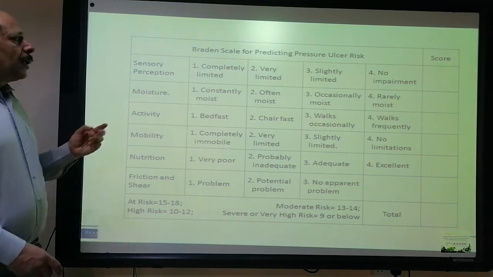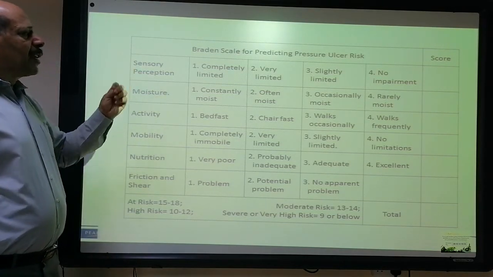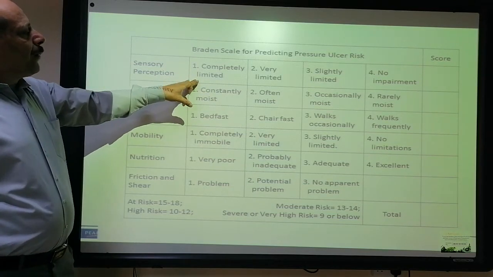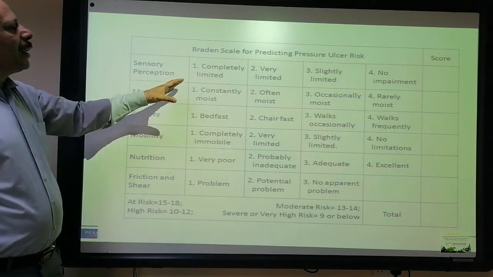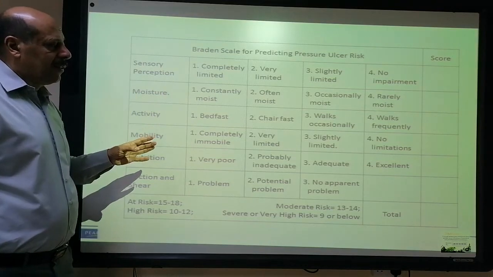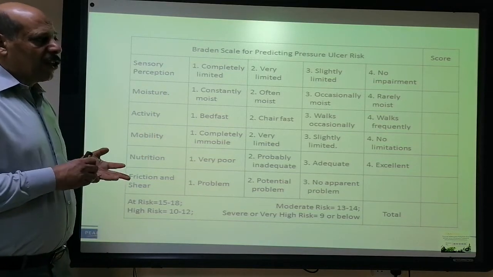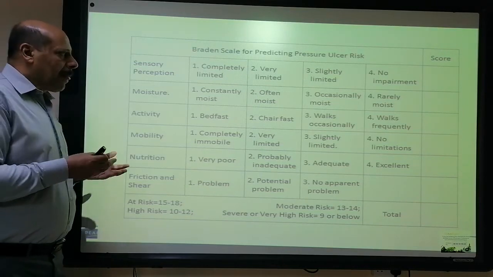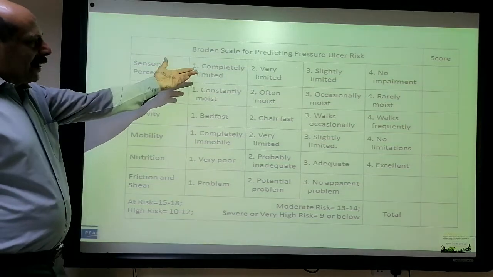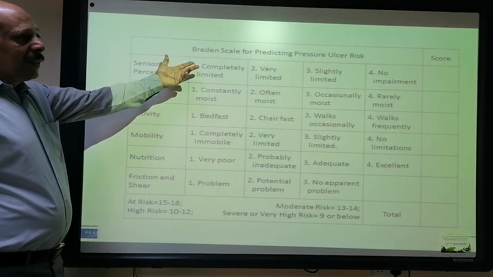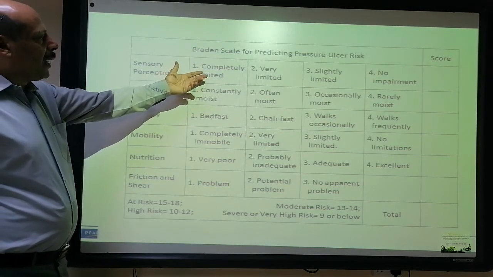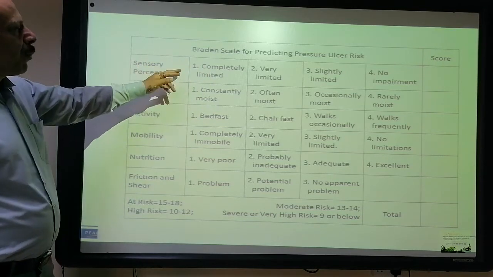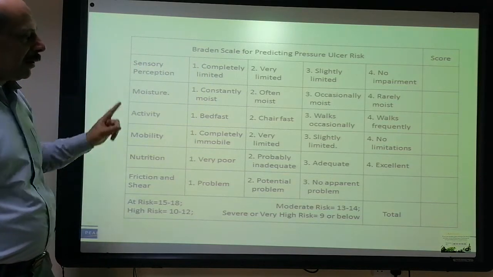So for sensation and perception, if the client has completely limited sensation of pain and all the senses, in this case he will be more prone, so he will get only 1 mark.